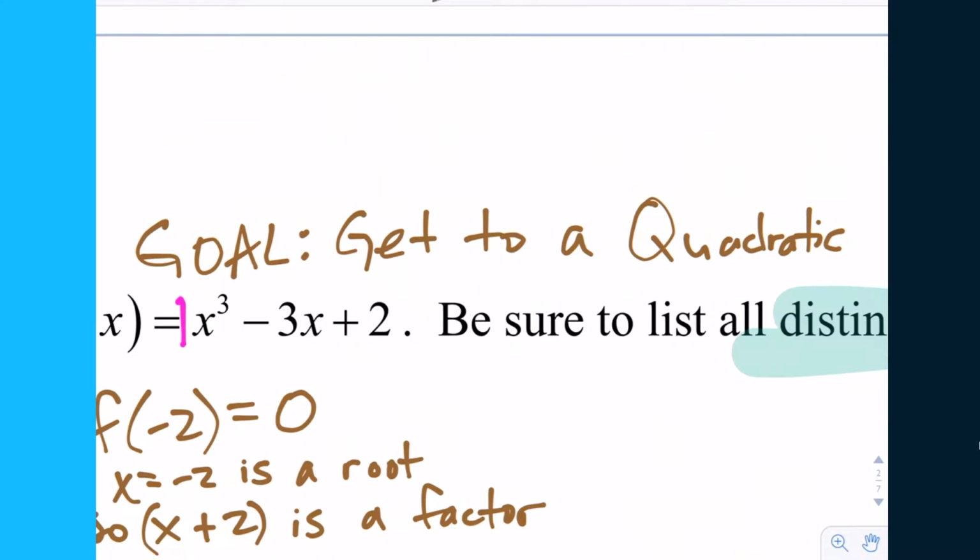I can write 350 then as 7 times what? 50. 7 times 5 is 35 times 10, right? So basically 350 divided by 7 gives you 50, right?